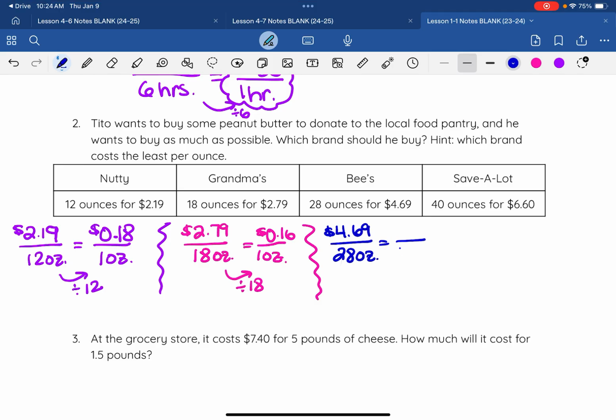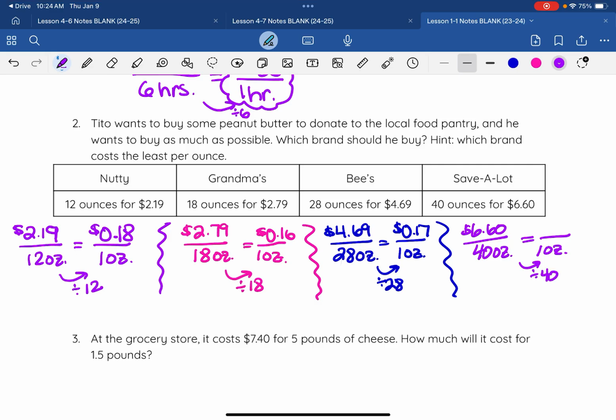So I would divide by 28 to get down to 1. And that would give me, rounded, 17 cents per ounce. And then the last one, which is Save-A-Lot, would be $6.60 for 40 ounces. You would divide by 40. And you would get, rounded, 17 cents per ounce.